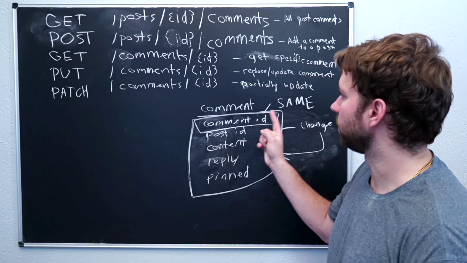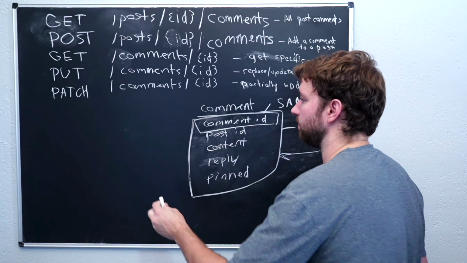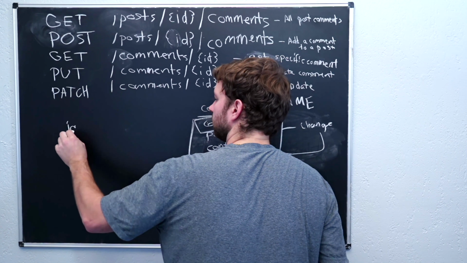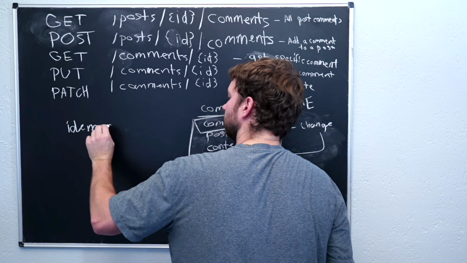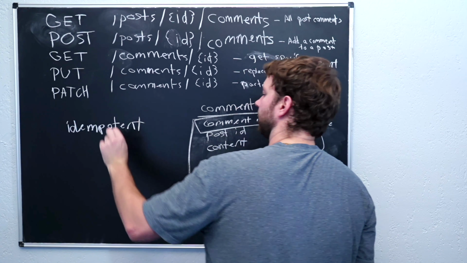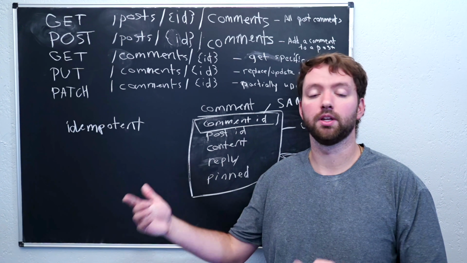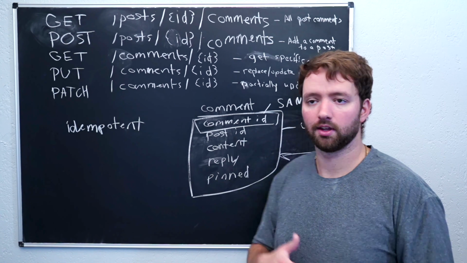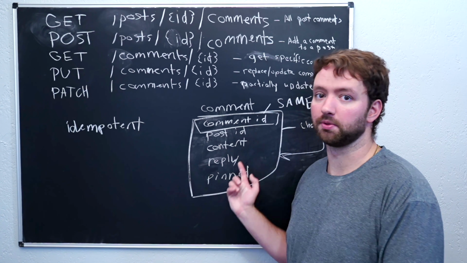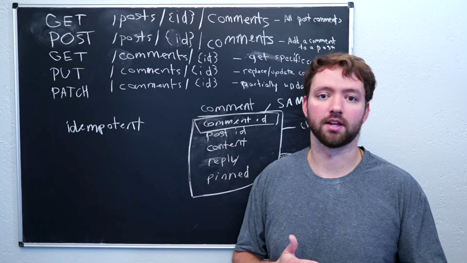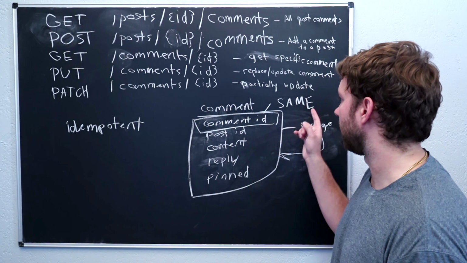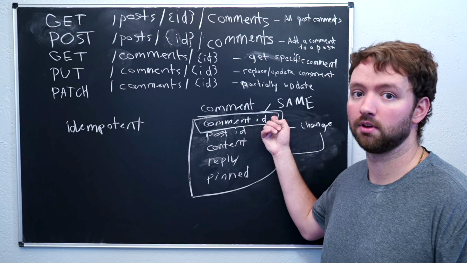So one very important thing about updates is that they should be idempotent. And this is a fancy word to basically say if you execute that update multiple times, the end result should be the same. If we replace the document 100 times with the same information, we still have the same end result. And that's exactly why this comment ID has to stay the same.